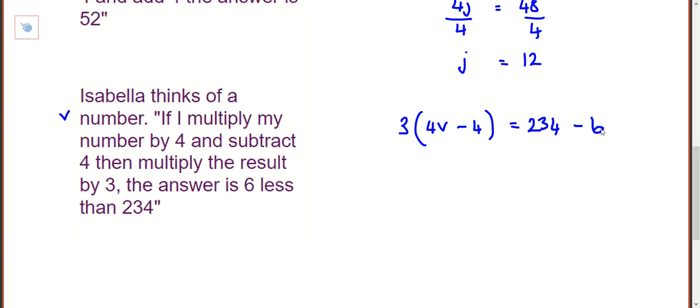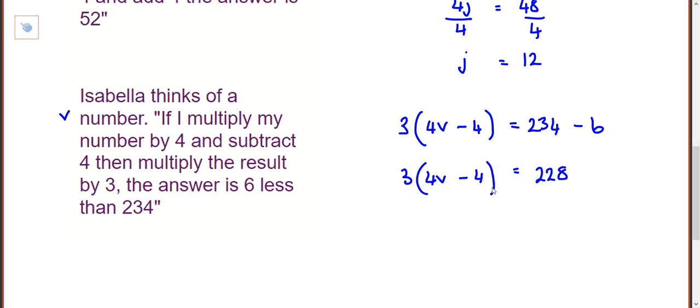So I haven't tried to simplify that. I've said the answer is 6 less than 234, so I've written it like that. 6 less means take 6 away. So my first step would be to simplify that side. 234 minus 6 is 228. And I can do 3 times 4V minus 4.